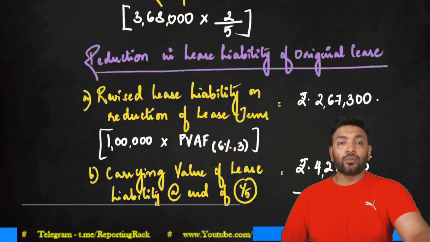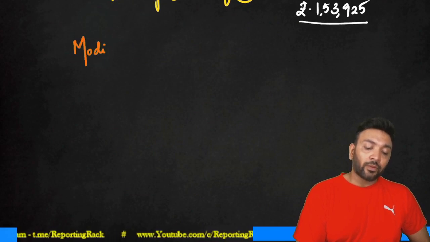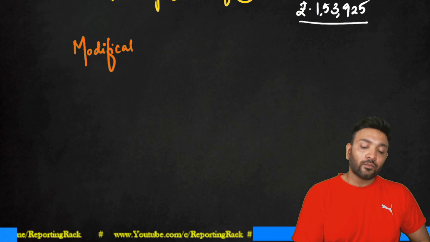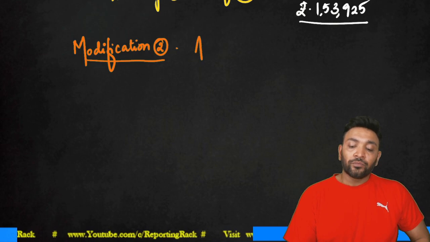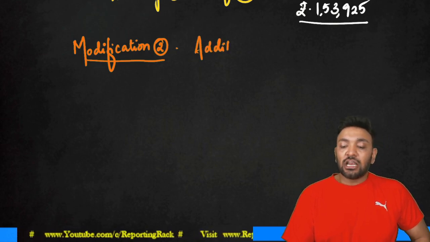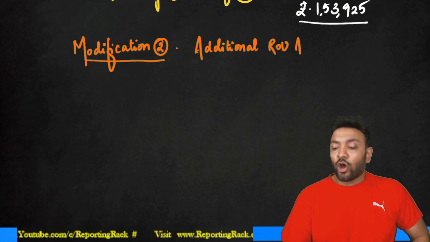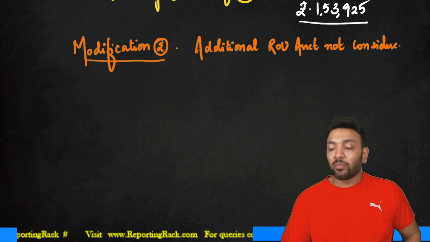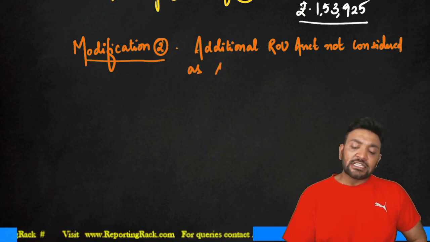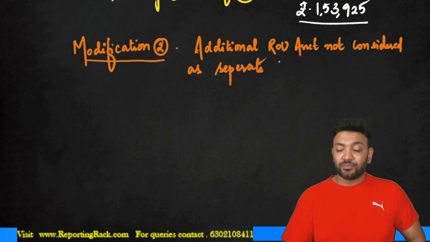Modification number 2. Additional ROU asset not considered as separate lease. Guys, if it was considered as a separate lease, then I would have only discounted 50,000 rupees.